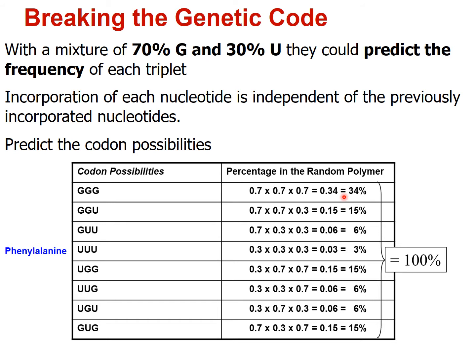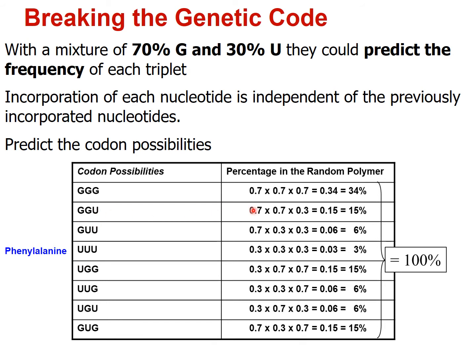So 34% of the triplets in RNA made where you have 70% G and 30% U will be GGG.